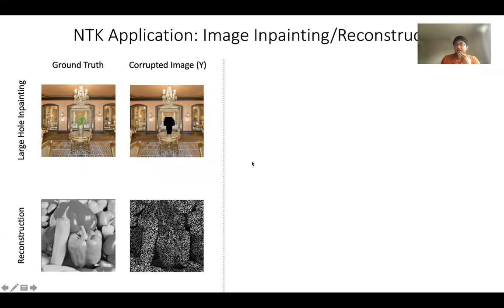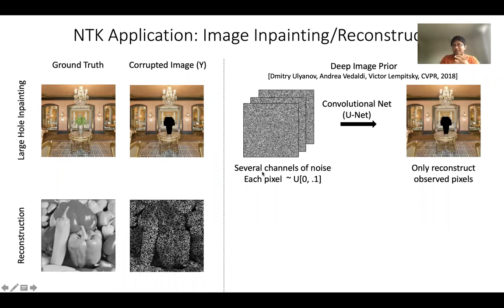One of the remarkable results, another remarkable neural network result in the past few years, is that untrained neural networks, which are just randomly initialized, you train them just on this one corrupted image. You feed in random noise into the neural network, and you ask it to reconstruct only the observed pixels in this image.